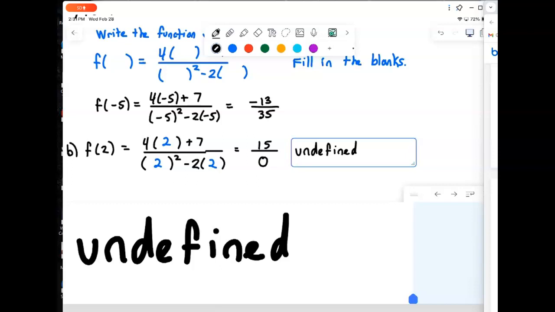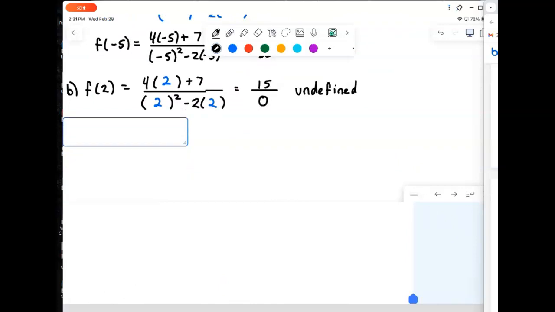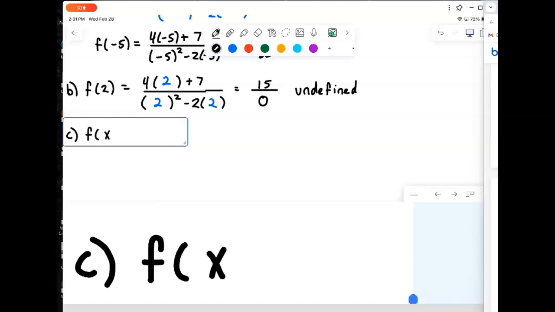Now we can also, instead of being given a number, as we were given in these first two examples with a function, we could also be given a value or an expression like, for example, x plus 6. So instead of being given a numerical value, we'd be given an algebraic expression.